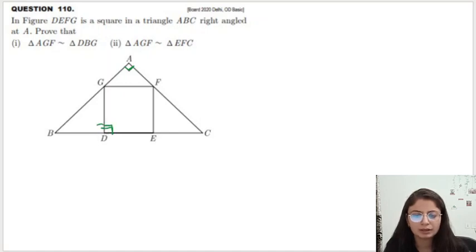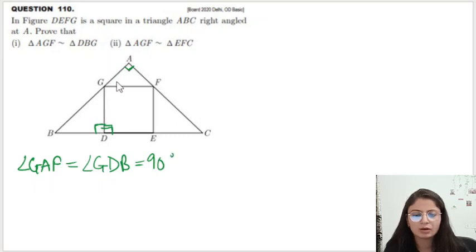So this would mean that this angle GDB is also 90 degrees, right? So I'll write angle GAF is equal to angle GDB. Both are 90 degrees.